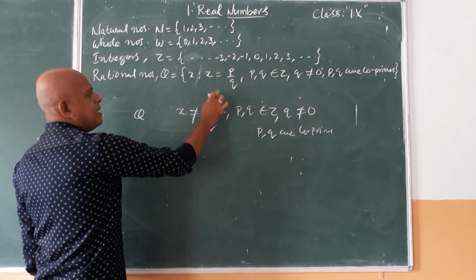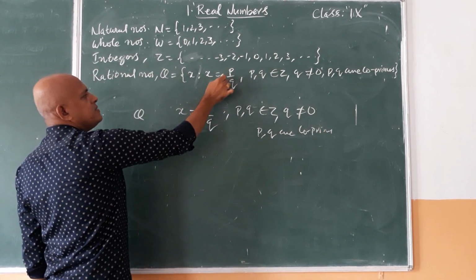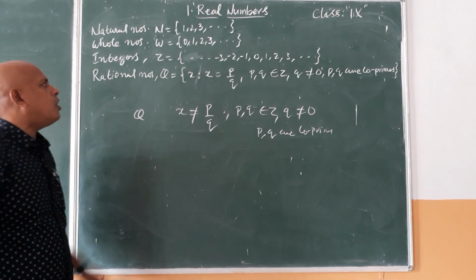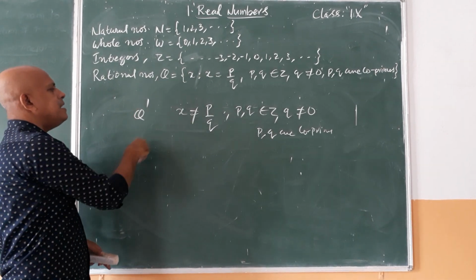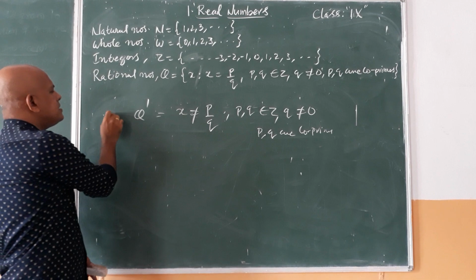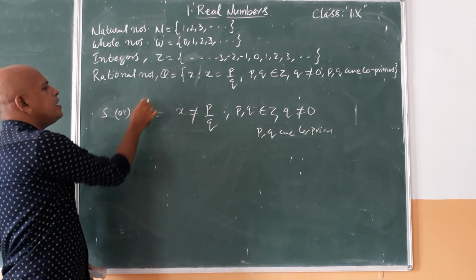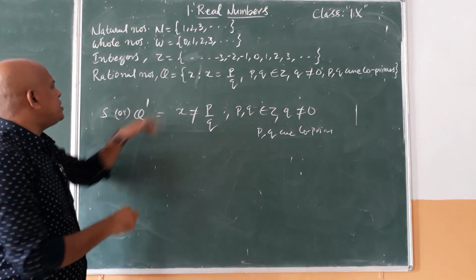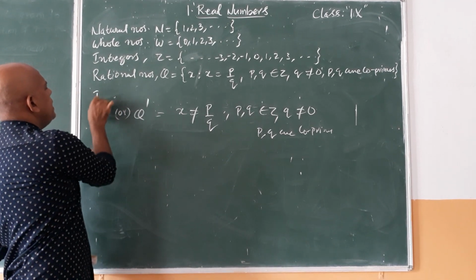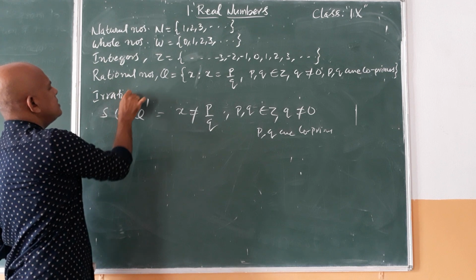Here, the numbers which can be expressed in the form of p by q are called rational numbers, and irrational numbers are denoted with Q dash, or sometimes capital letter S or Q dash. So after rational numbers, these numbers are called irrational numbers.